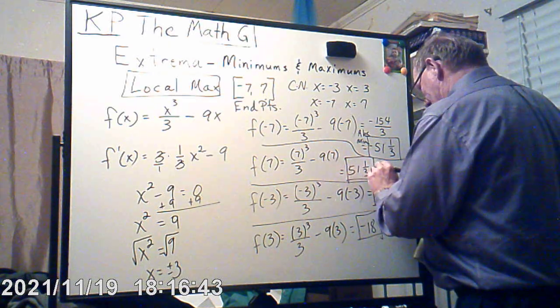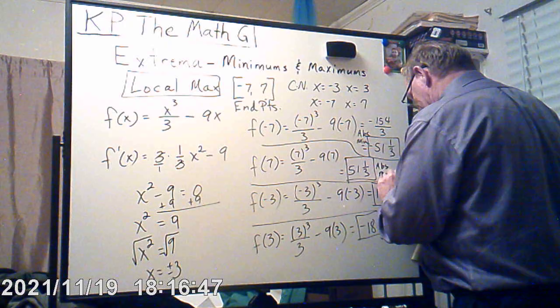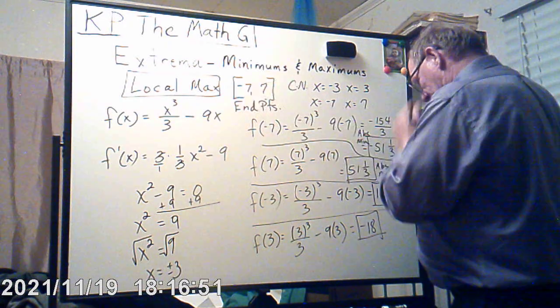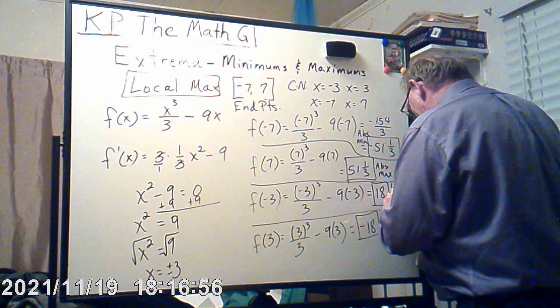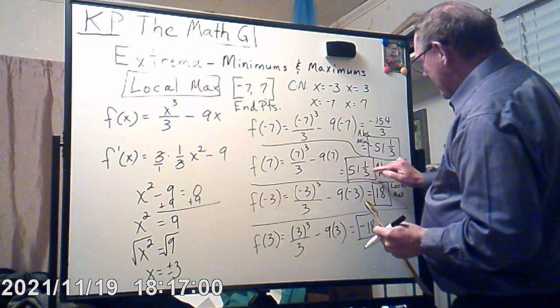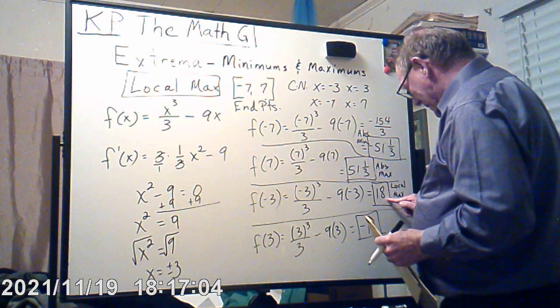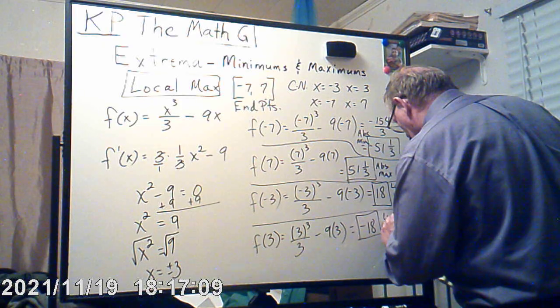This would be the absolute max, wouldn't it? In this interval here. This would be the local max, simply because even though it is a max, this max is higher up than this max, so this makes this a local max.